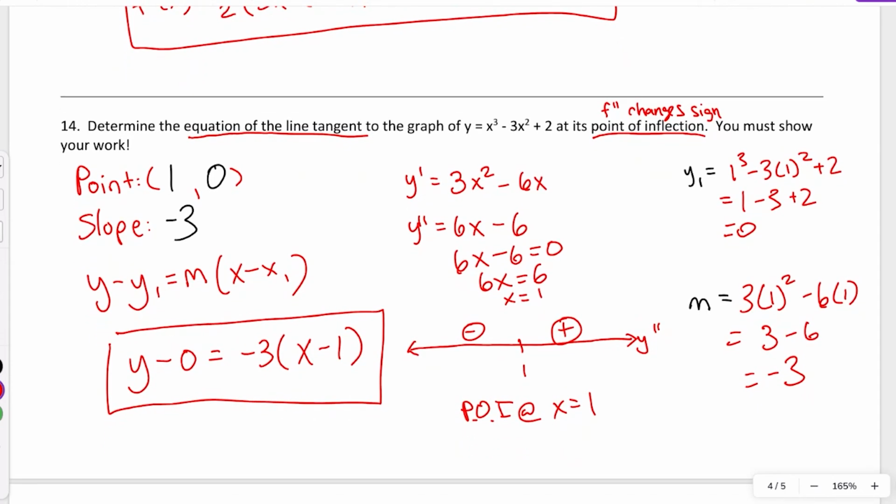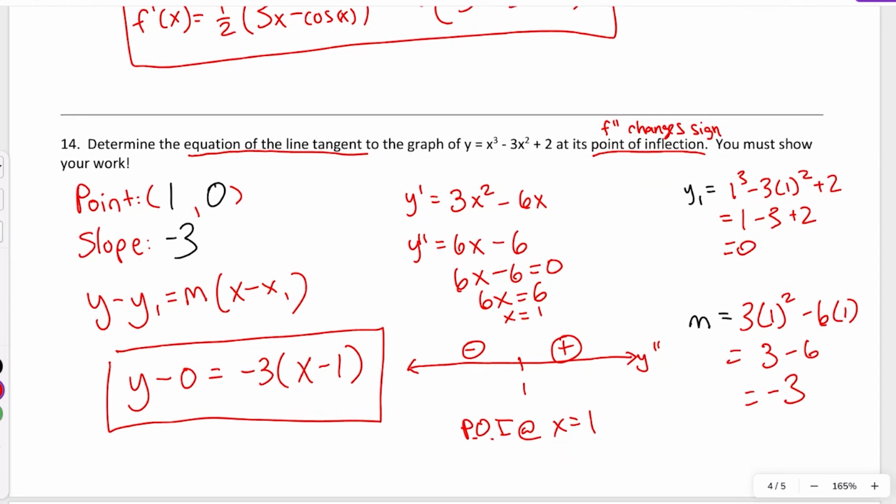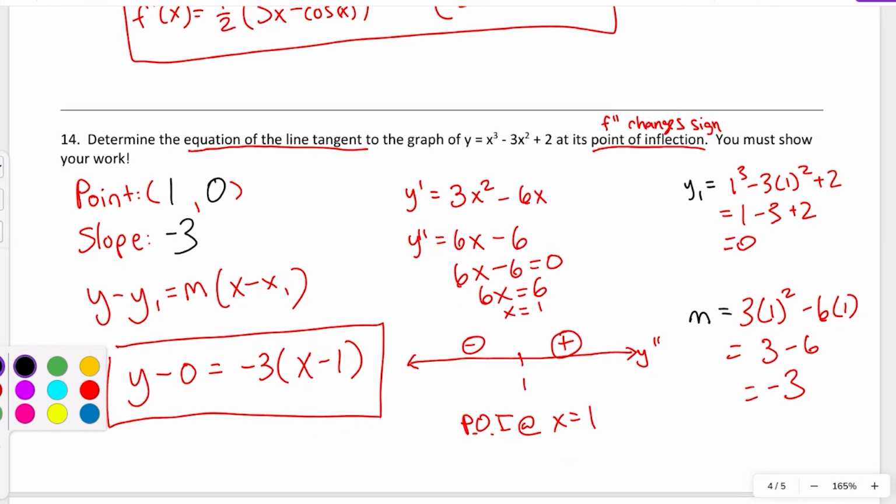So kind of what I'm imagining this graph looks like, I don't know exactly what it looks like, but basically what we just found was, if we imagine this graph does something like this, right? I know it's going to be concave down and then concave up based on this sign chart. At that point of inflection, right here where the concavity changes, we're finding the equation of the line tangent to the curve at that point, which is going to look something like this, okay?